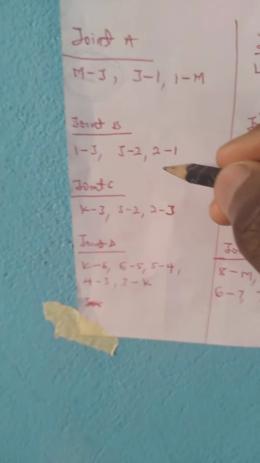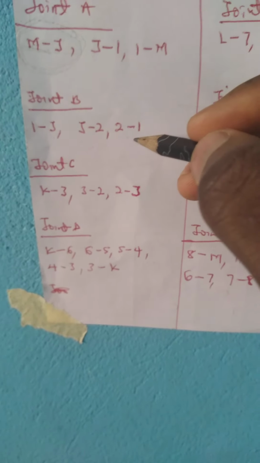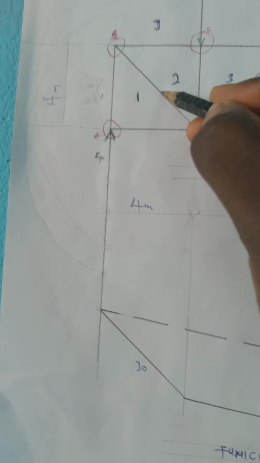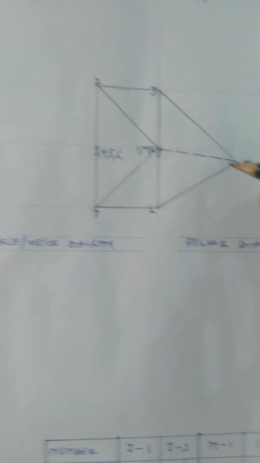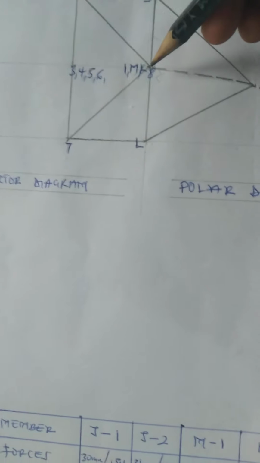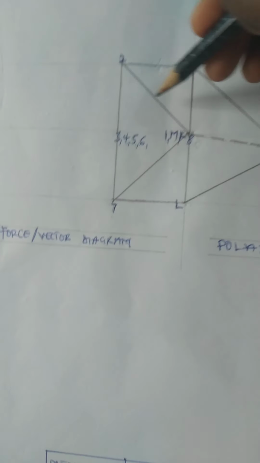At that same joint B, we have member 2-1. You come back to the force diagram: this is 2, and this is 1. So we move from 2 straight down to 1.